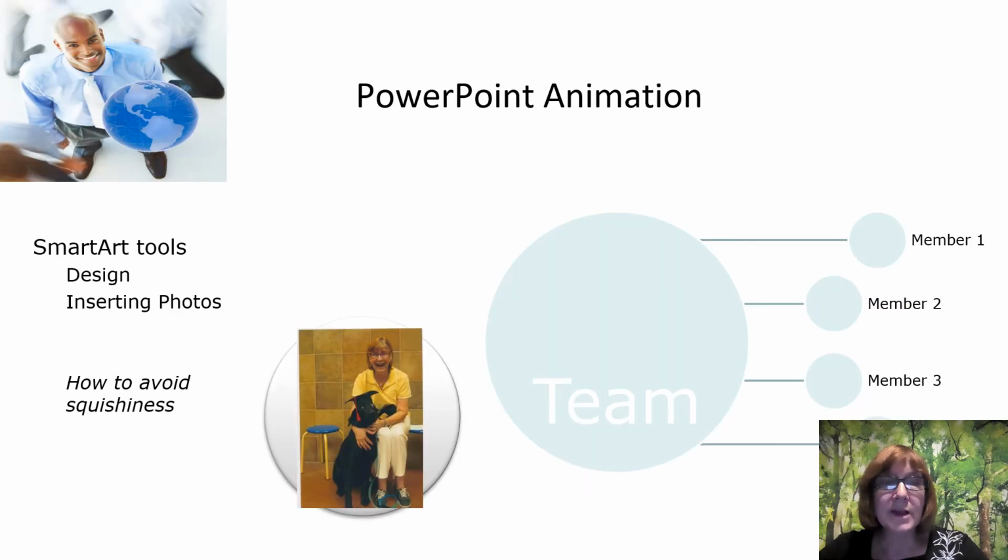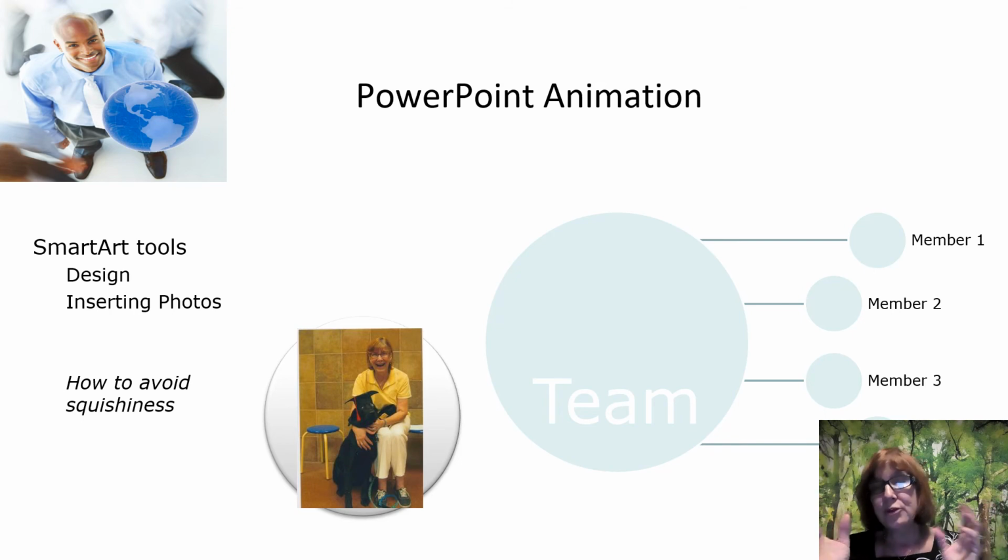SmartArt tools allow you to put in photos. When you're inserting photos into SmartArt, you want to avoid squishiness, because sometimes if you try to put a picture in there that isn't the same size as the little area for the SmartArt, it will make it very squishy.